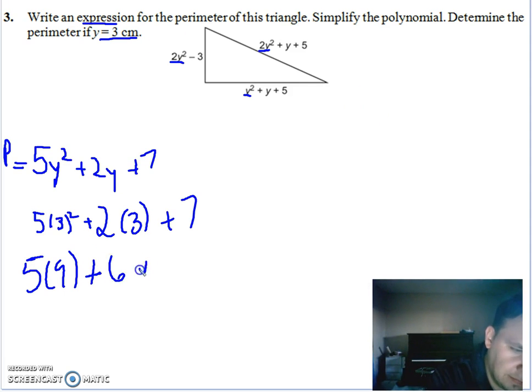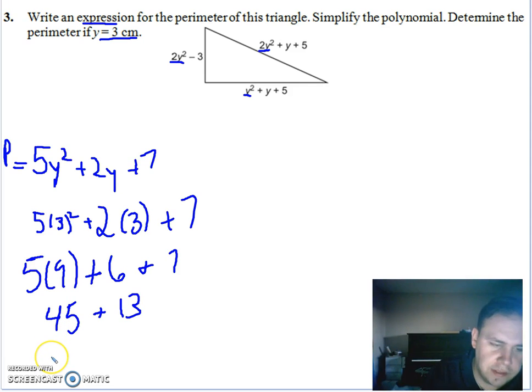We got 6 plus 7, so that's 13, and then 5 times 9, that's what, 45. 45 plus 13 is 58.